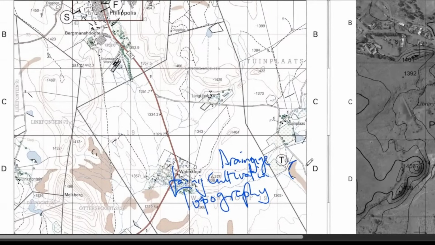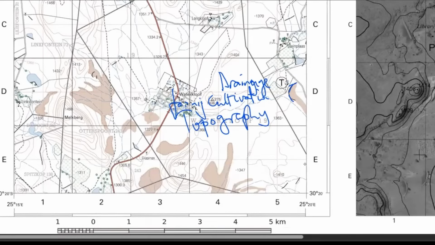So a wall has been used in that instance, that black line, to the northwestern part of this eroded area. That wall is meant to stop erosion. They've erected a wall which is going to stop the proceeding of erosion into the farming area.